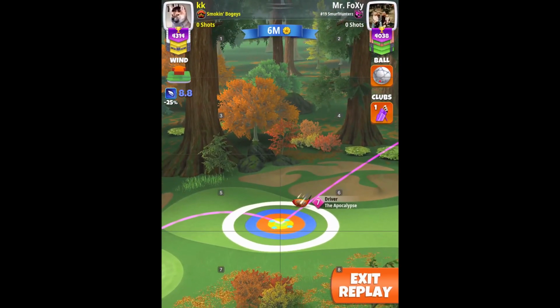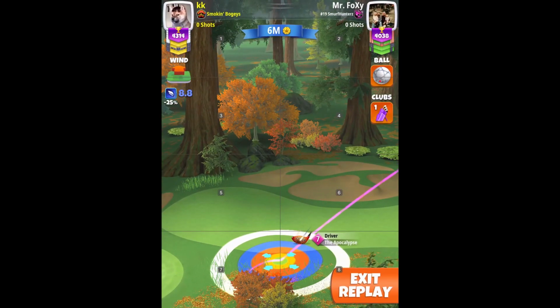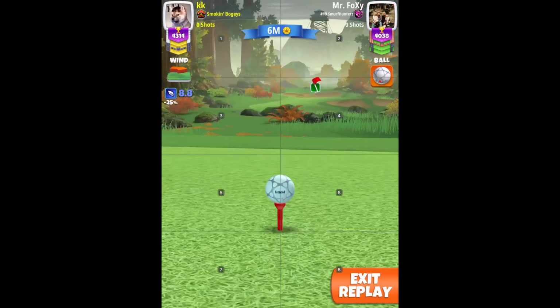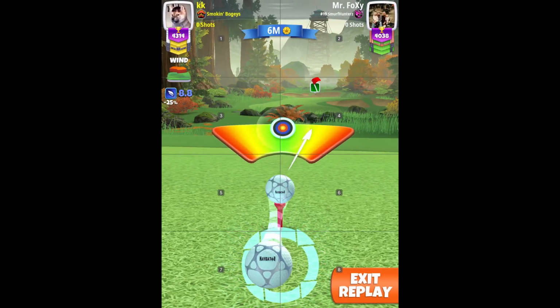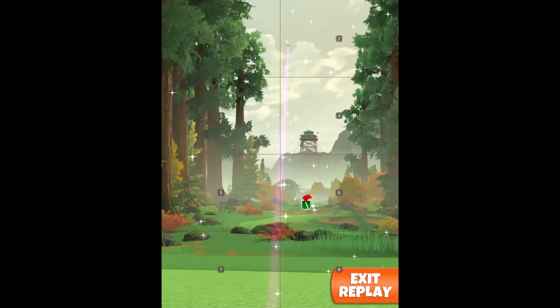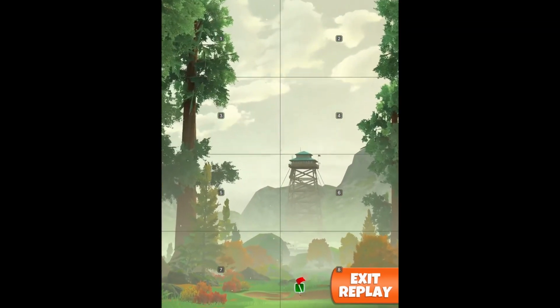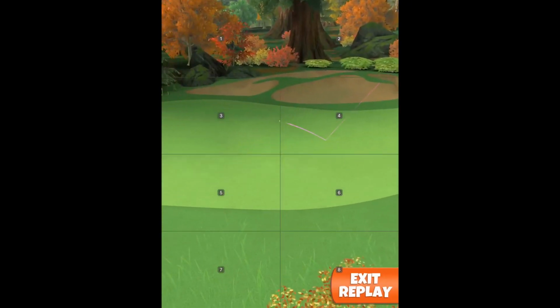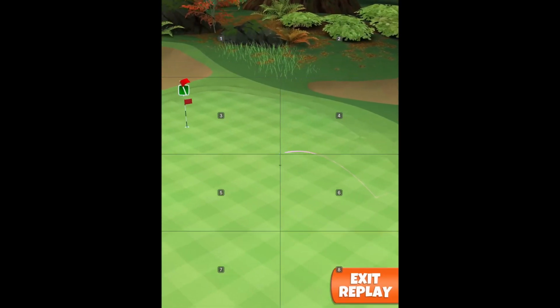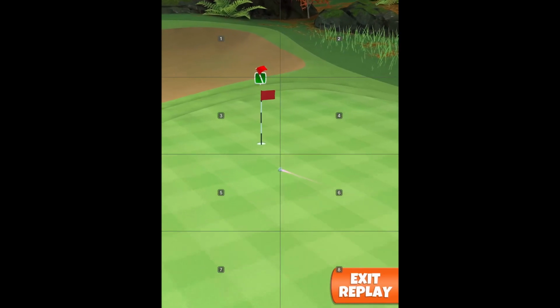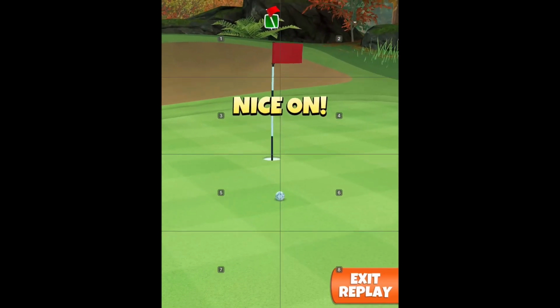And I adjusted plus 25% minimum. And I did some left curl. And it looks like I just need a little less backspin here.